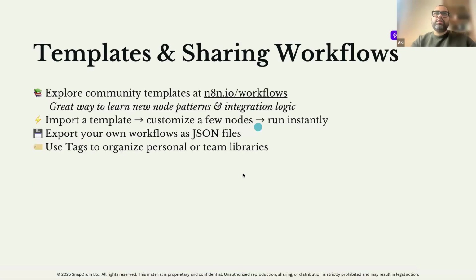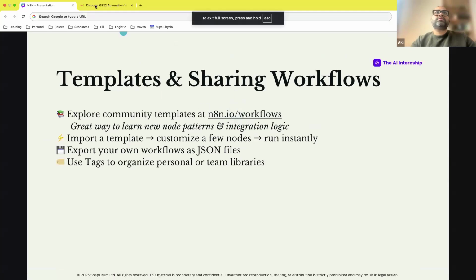And there's a question around whether there is a cheat sheet explaining the different nodes in n8n. 100% yes. They have a really good doc. This is something I want to share as well. If you go here, n8n.io/workflows, let me see if I can open this.